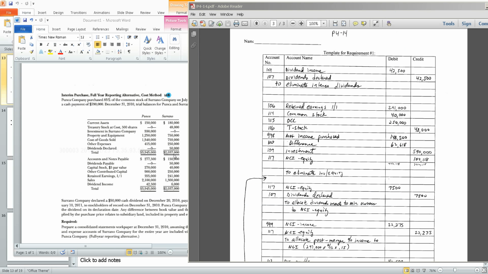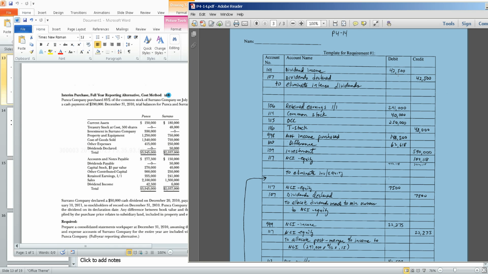So dividends here were declared by the sub, $50,000 rather, and we've got an 85% stake in that sub, so 85% of 50,000 is the amount of the dividends that were received by the parent company. And the parent company, because they're under the cost method, recognizes the receipt of those dividends as dividend income: debit cash, credit dividend income.